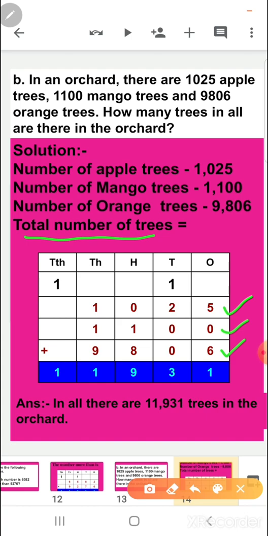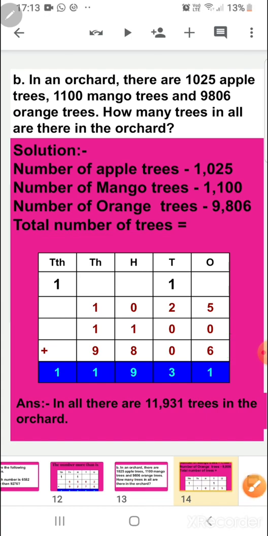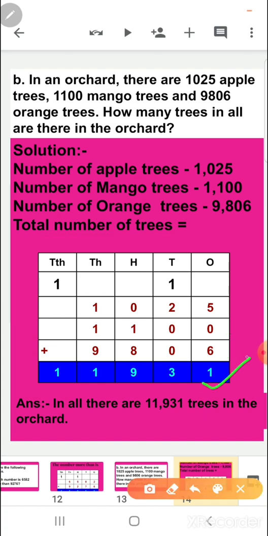After adding, we will get the answer as 11,931. Children, after finding the sum, the last and final step is writing the answer. So the answer is, in all there are 11,931 trees in the orchard.